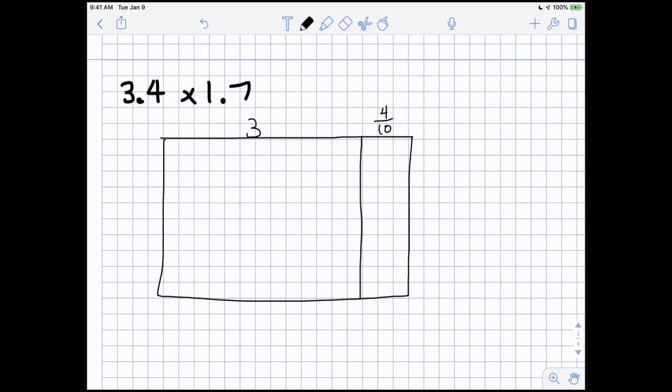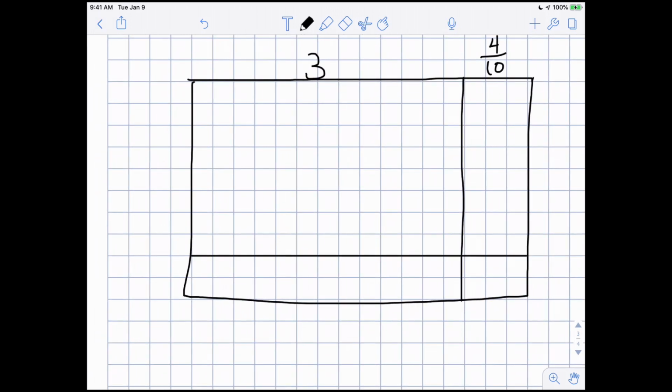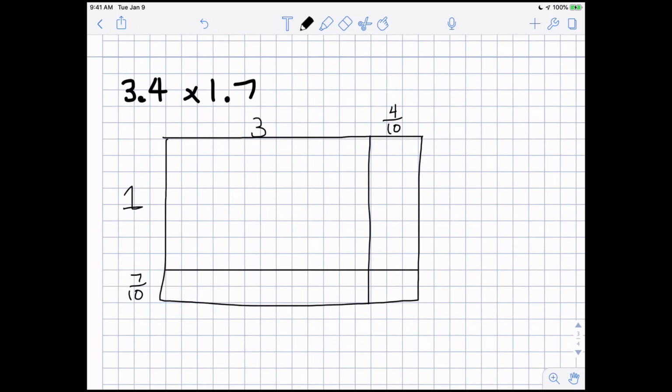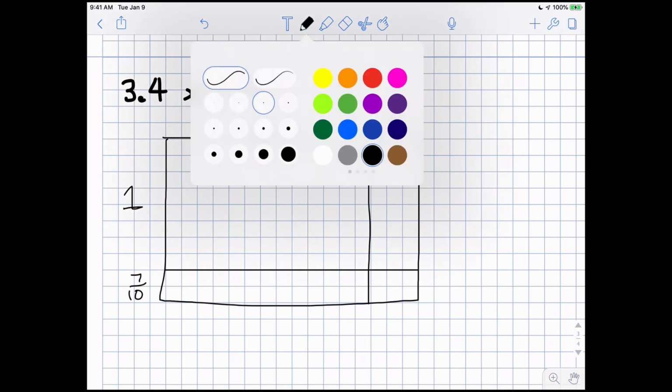And then it's going to be 1 unit down, and 7/10. I'm not trying to draw it accurately, because if anything, it looks like my 4/10 is longer than my 7/10, and that's silly. Okay, so now we've got 4 separate rectangles, don't we?